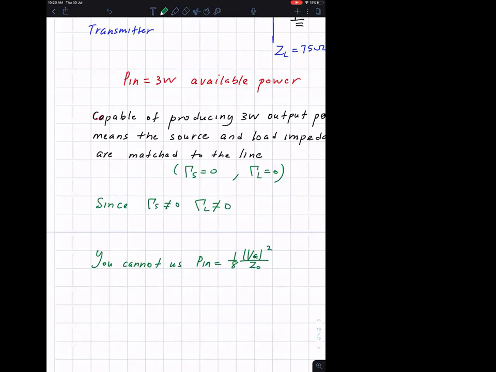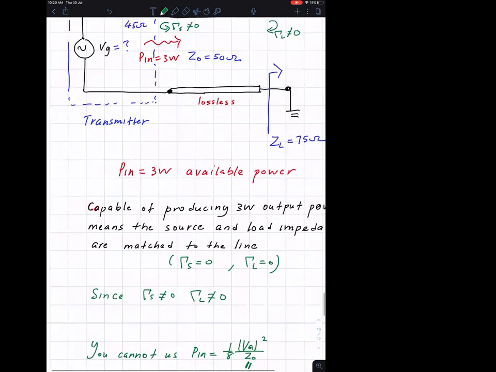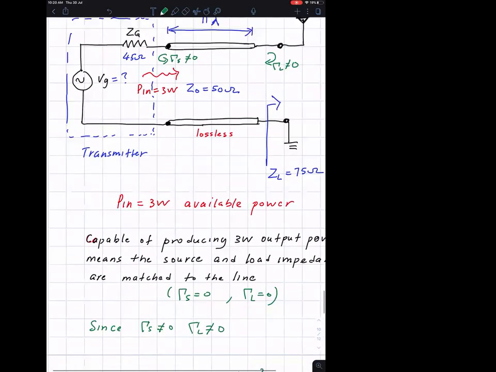Okay. Under all matched condition, when the reflection at the load and the source is 0, then only you can use this. Under matched condition, the characteristic impedance is equal to the source impedance. Sometimes I use source, sometimes I use ZG. Here they're using ZG. So let me change everything to ZG.